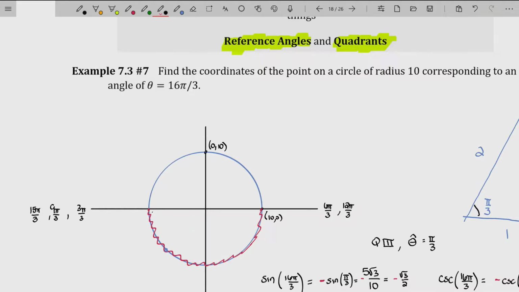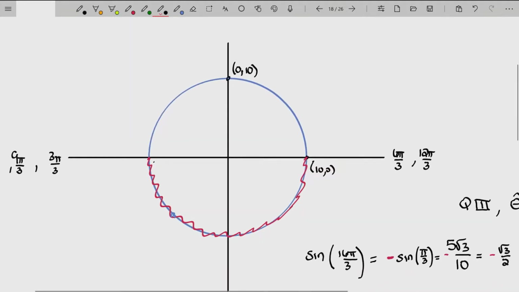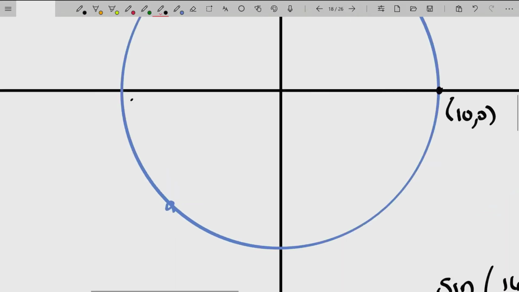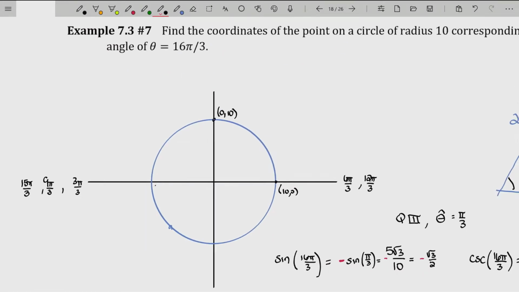So instead of rotating around 3 times or however many times we did, is there a possibility that I could have just rotated directly into quadrant 3 without having to rotate 3 times around? And the answer is yes.